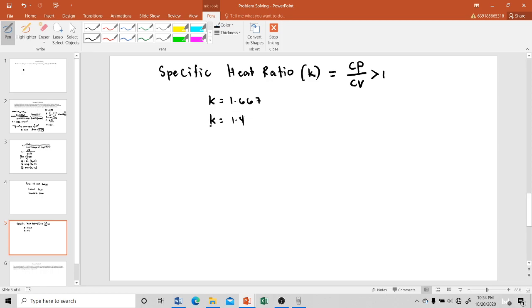So how can we relate the Cp and the gas constant with the specific heat ratio?